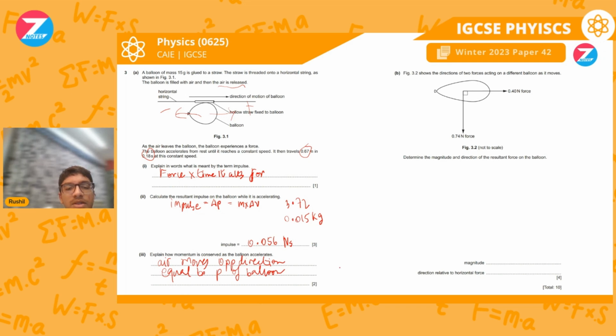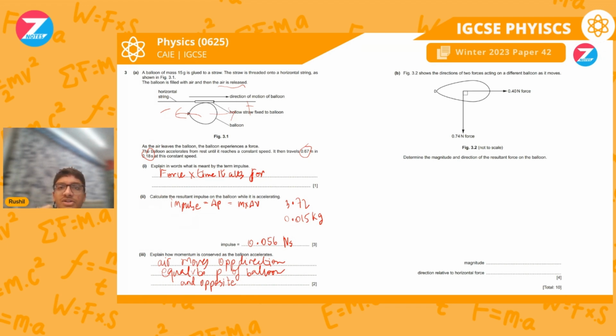So since the momentum of the air should be about minus, let's say minus a, and the momentum of the balloon would be plus a. So when we have a plus a minus a, the total momentum is zero. Thus momentum is conserved. We should write it's equal and opposite to the momentum of the balloon. So thus total momentum is conserved.